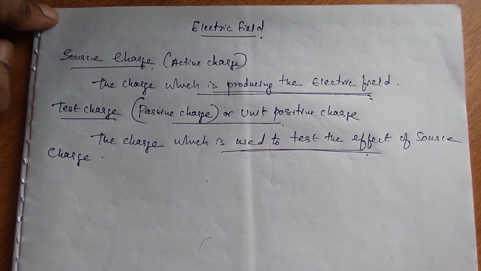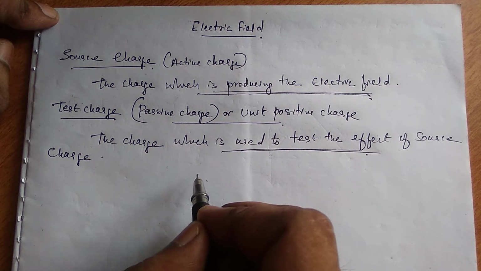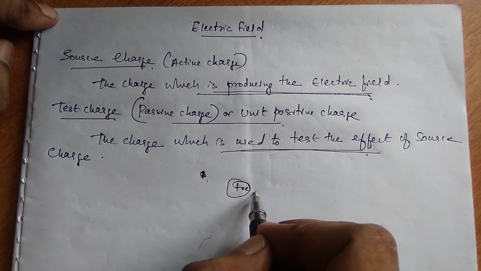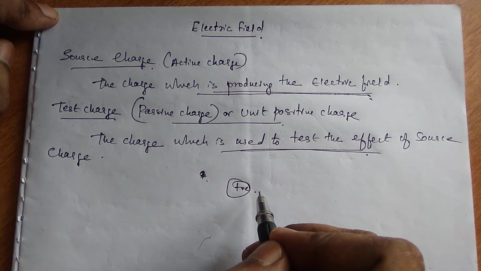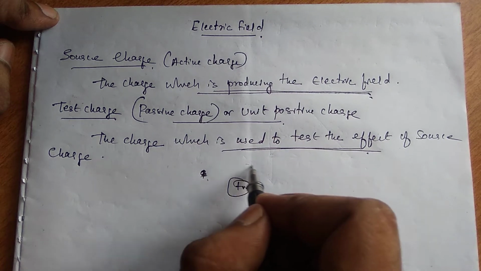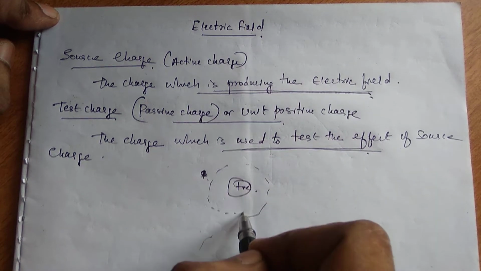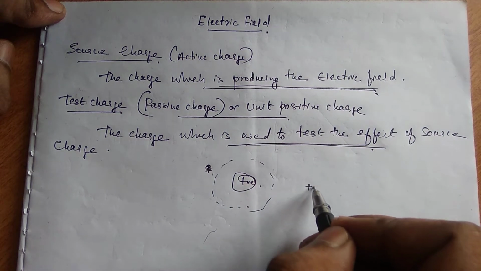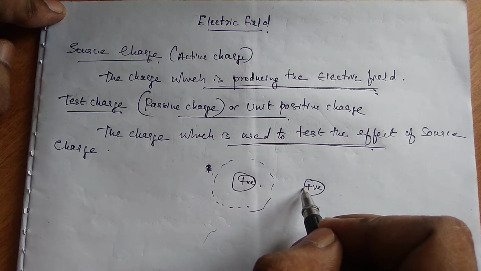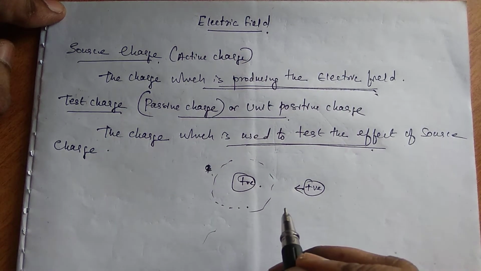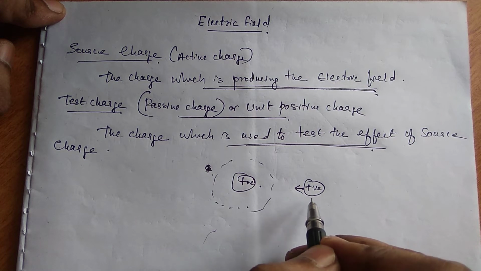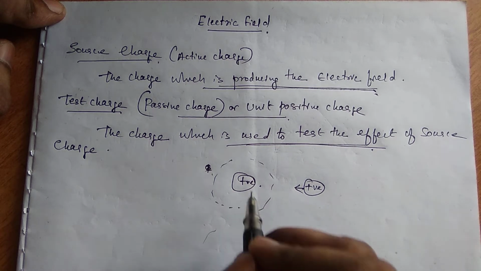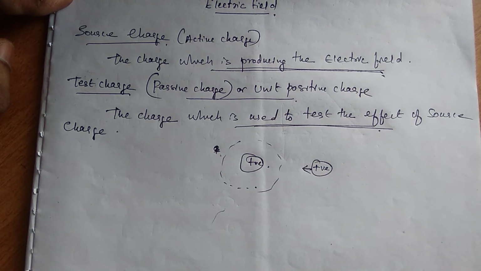When we place a positive charge here, its effect will be there for a small region. If we bring another positive charge to the surrounding of this source charge, what will happen?